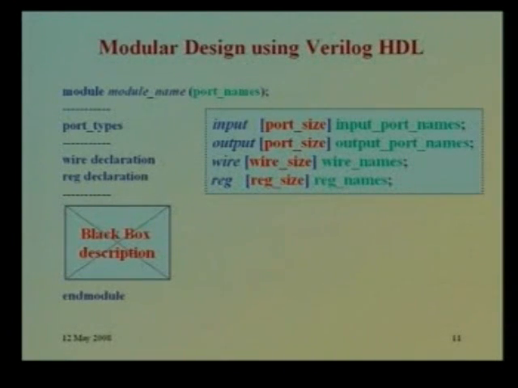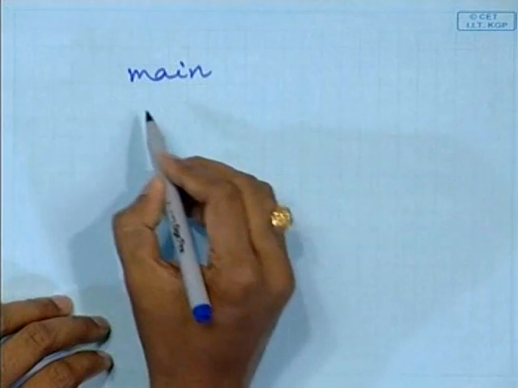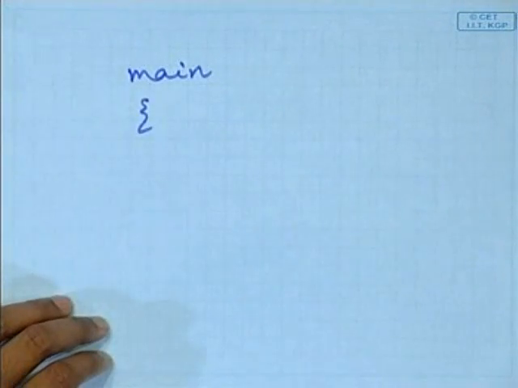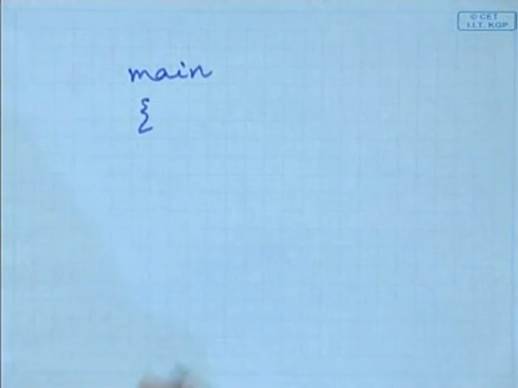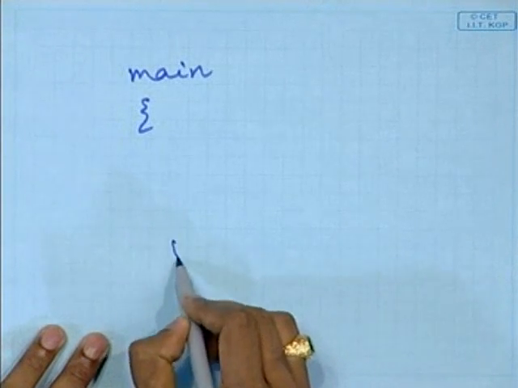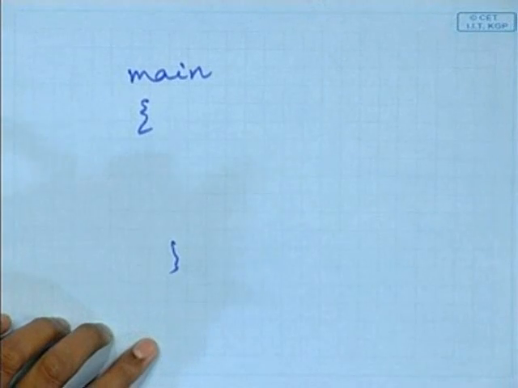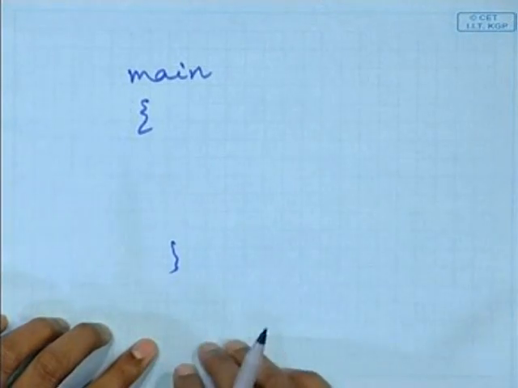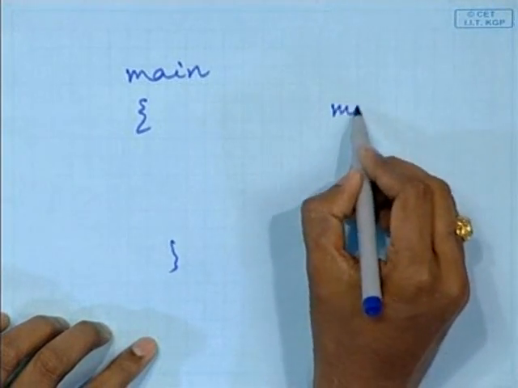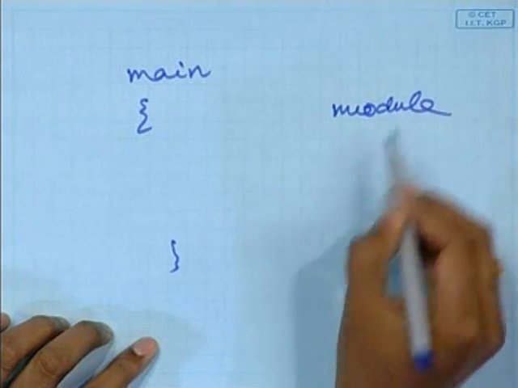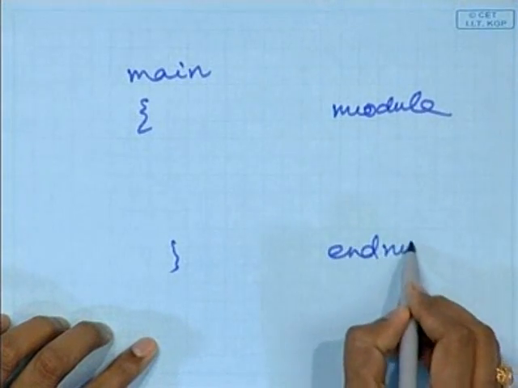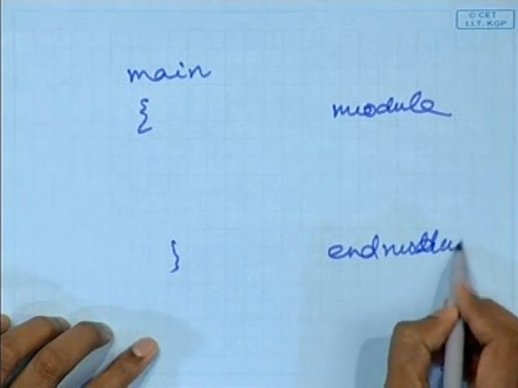Unlike in C, where you find main, and if a void kind of stuff is there, you start with a curly bracket and close the algorithm with another curly bracket, similarly in Verilog we have module and endmodule.